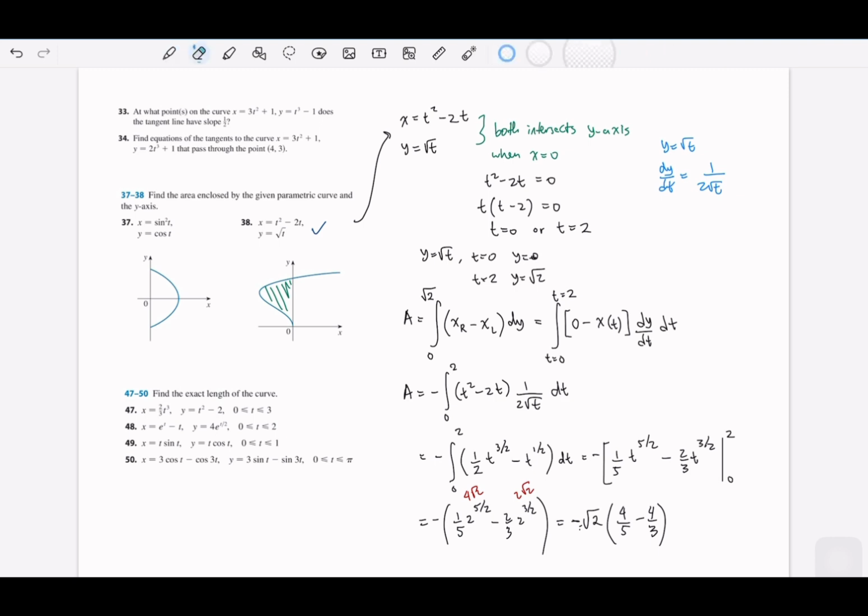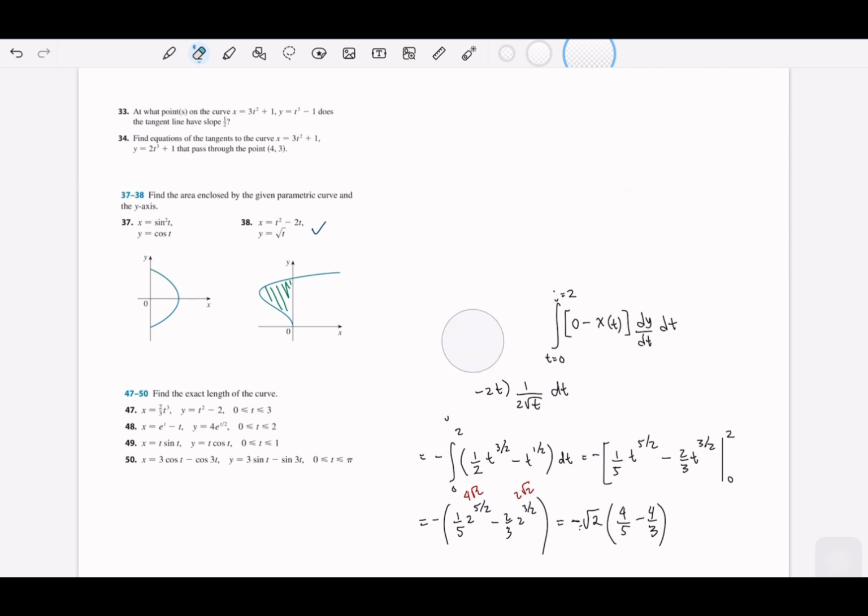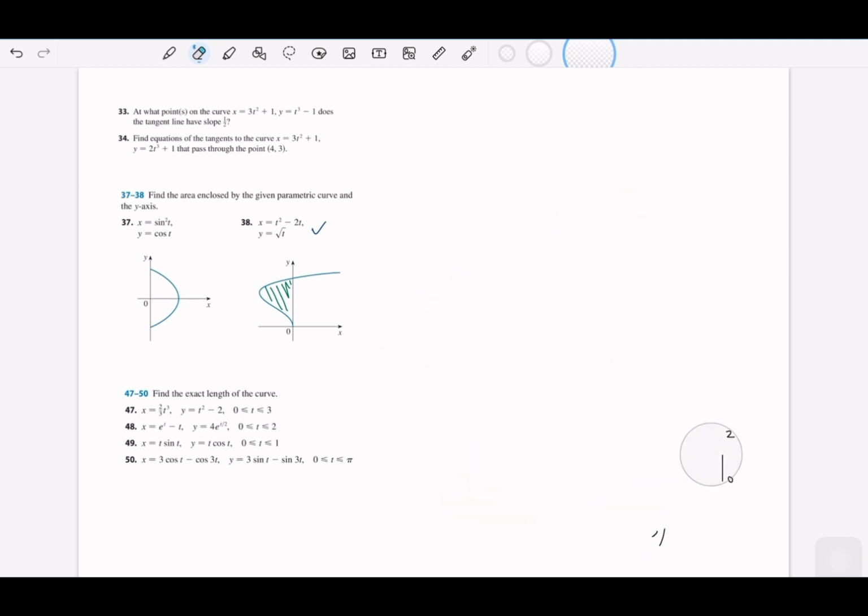I will erase this, so if you want to take a picture or take notes, you can take a picture first. Then I will erase this part and do number 48.